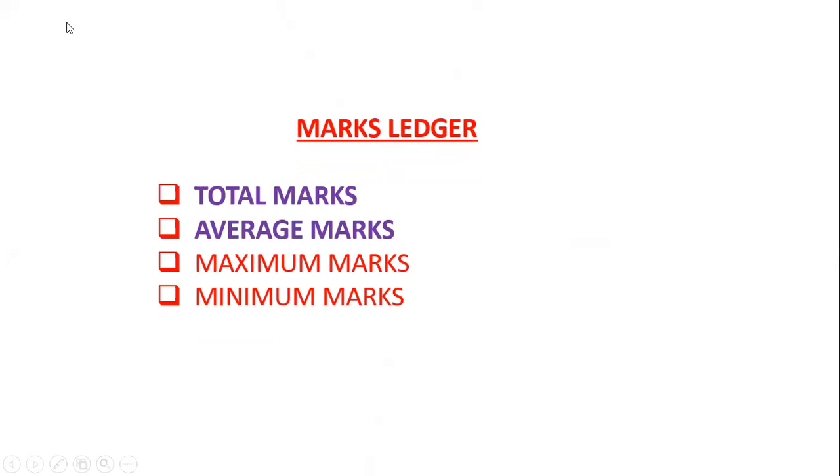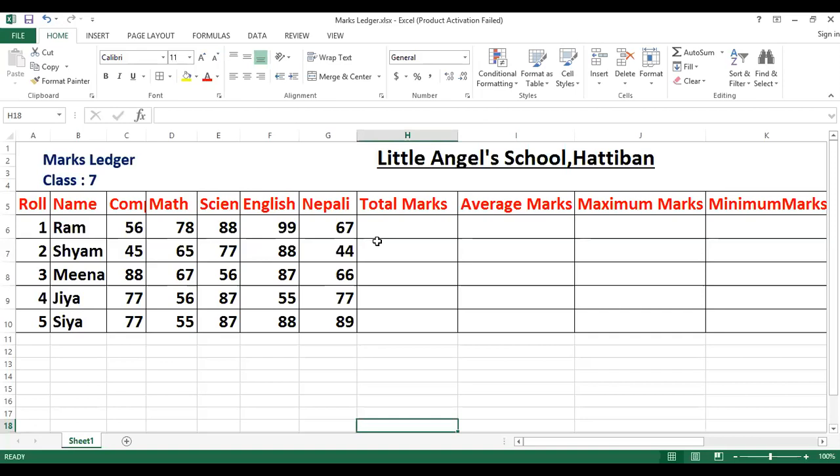Now I'm going to share the worksheet here. Okay, this is a worksheet, called Maths Ledger. You have to find out here: Ram is getting 56 in computer, math 78, science 88, English 99, Nepali 67.